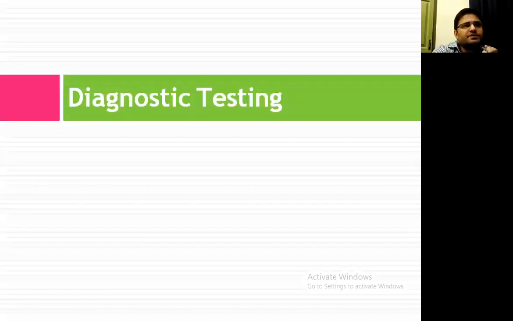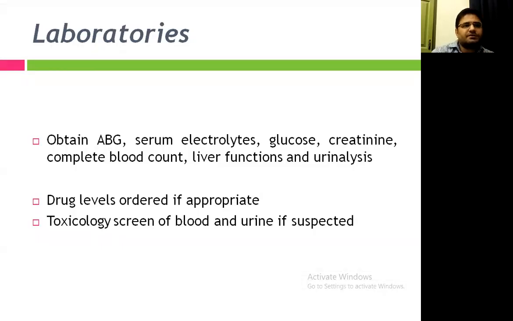Now, what diagnostic tests are required? Previously, we ordered some routine investigations, now diagnostic tests. If the patient has renal impairment, hepatic impairment, or respiratory involvement, then you order ABGs, electrolytes, glucose, creatinine, CBC, liver function tests, and urinalysis. ABGs for metabolic acidosis, like in diabetic ketoacidosis, renal impairment like chronic kidney disease, or any drug intoxication where the patient has acidosis.